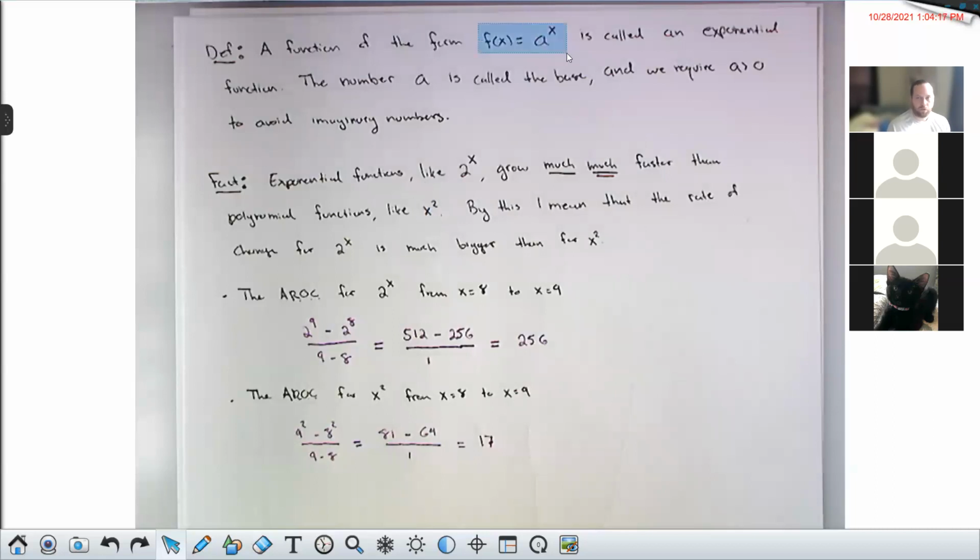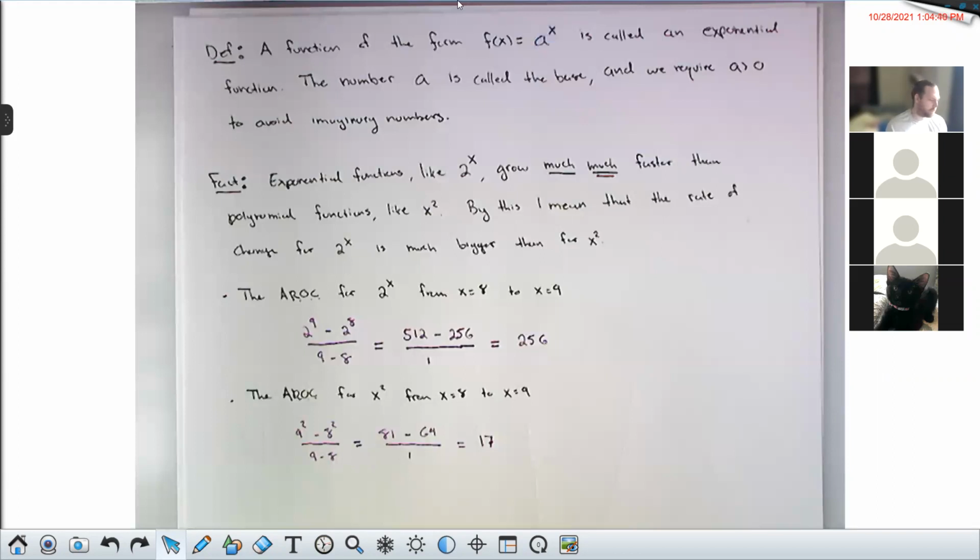Now, your variable is in the exponent, and your base is a constant. One of the consequences of this is that you need to be comfortable with the rules for exponents, and that's why we call them exponential functions, because the variable is in the exponent. So if you're going to start plugging weird numbers into these, like 1/2 or -3/4, you kind of need to know how to deal with weird powers.